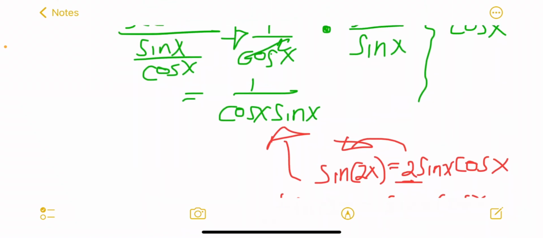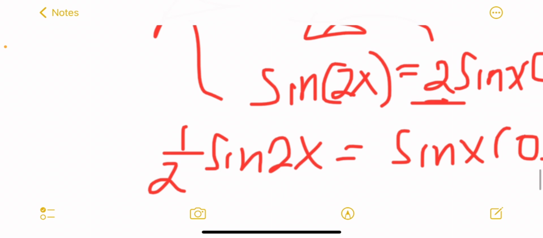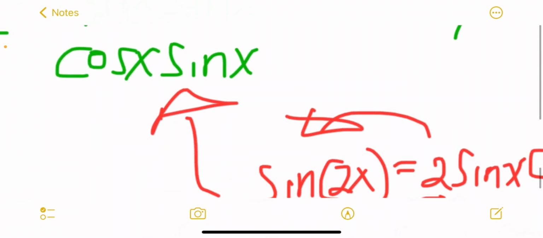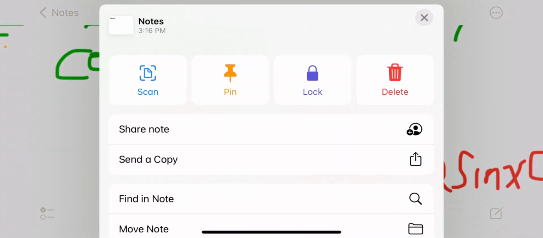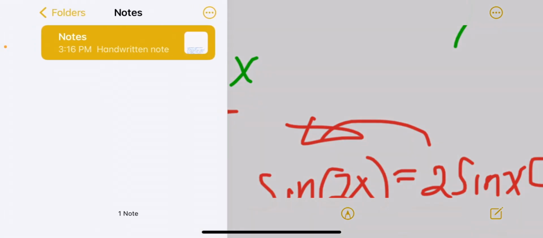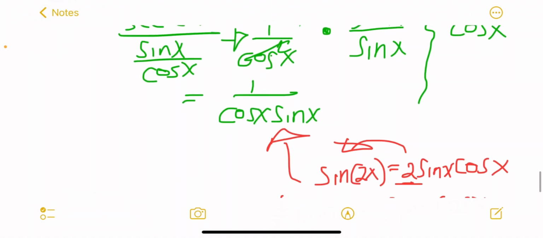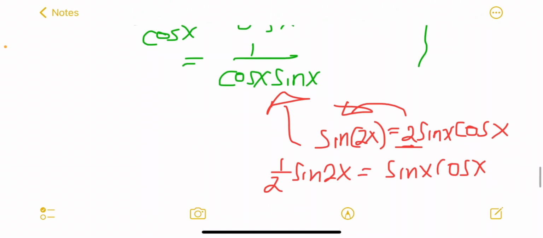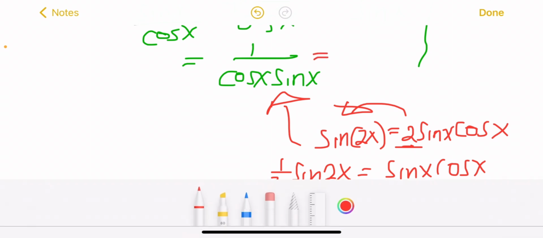This means that this will be equal to 1 over half sine of 2x. And then still more simplification.